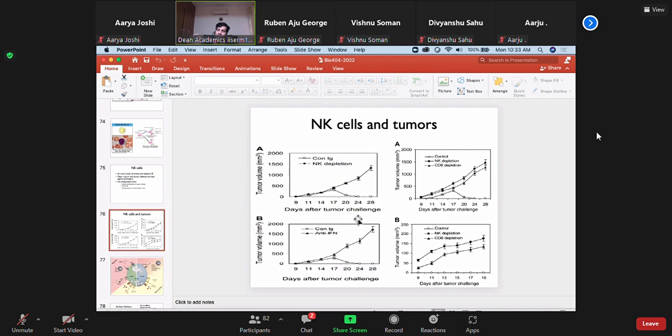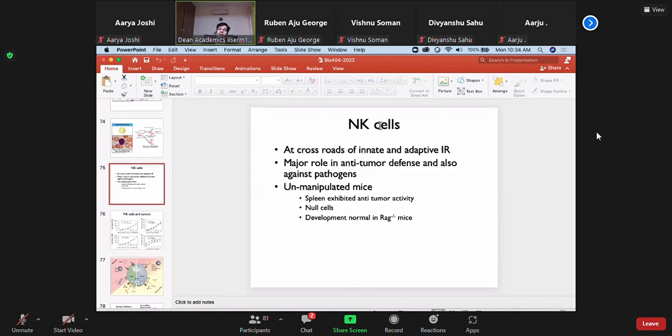Because of the elimination of those NK cells, these animals kept on developing tumors. So this whole thing was to show that NK cells are recruited in the response very early on. That's one. They have this ability to provide some kind of anti-tumor activity. Their development is independent of mechanisms which form your T cells and B cells.